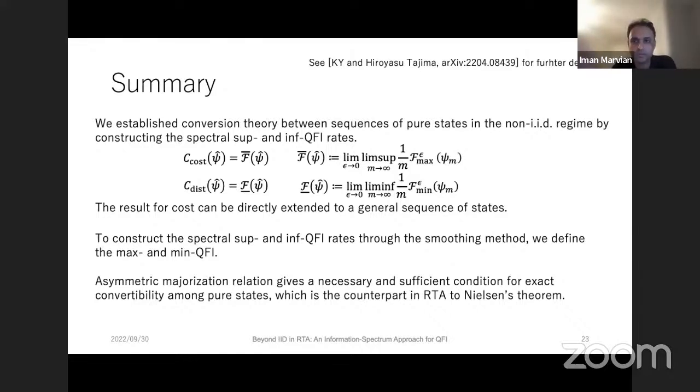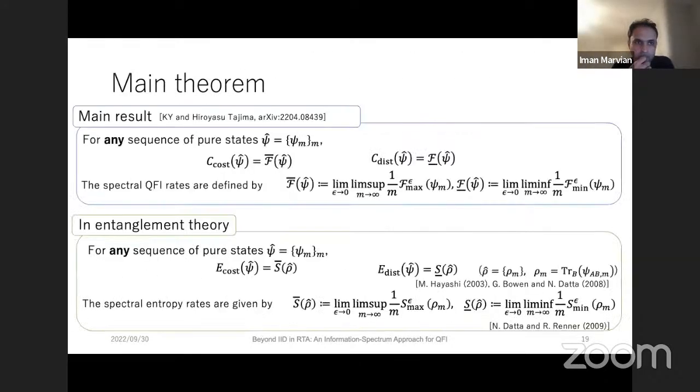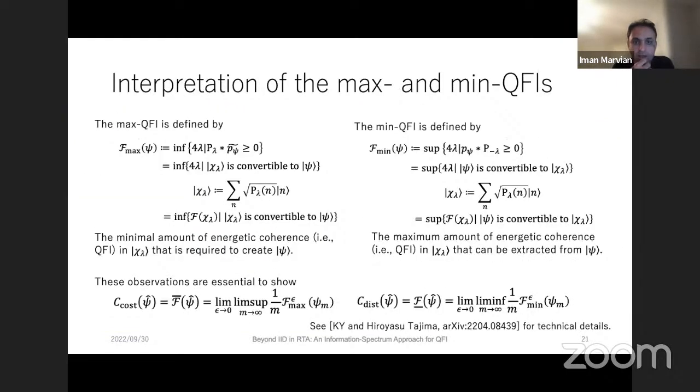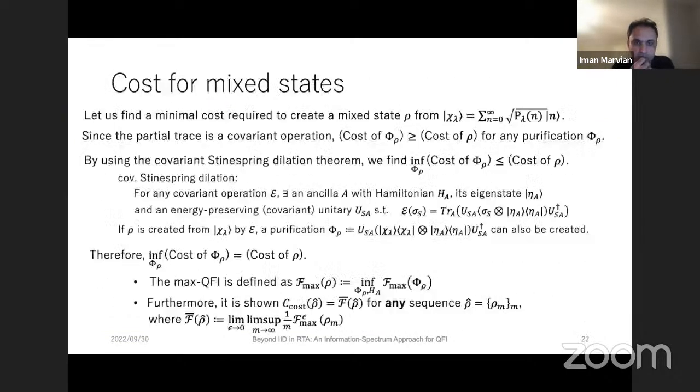Yeah, I have a question about your definition in the case of mixed states. In the paper, the way I define the cost for preparing state rho is in terms of the rate of consumption of pure states at the same frequency.